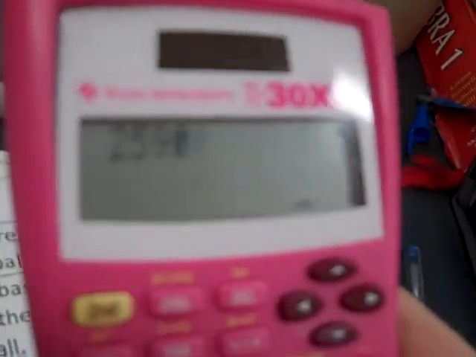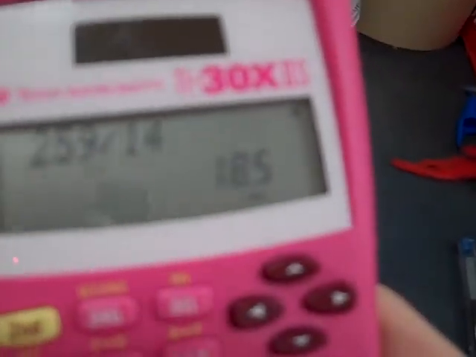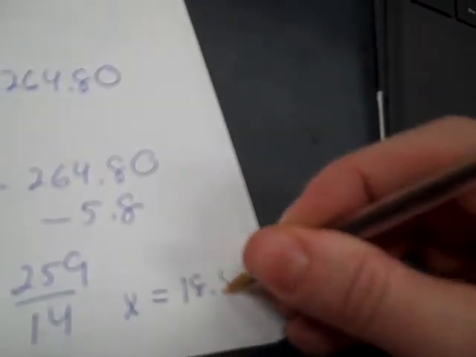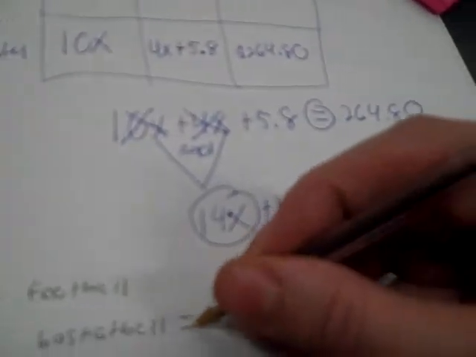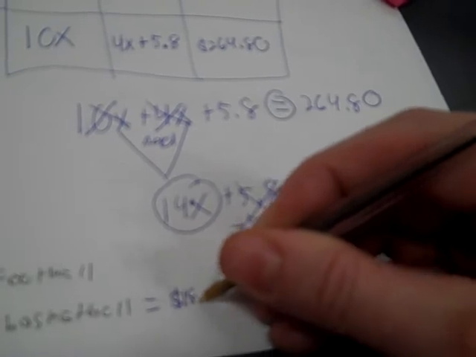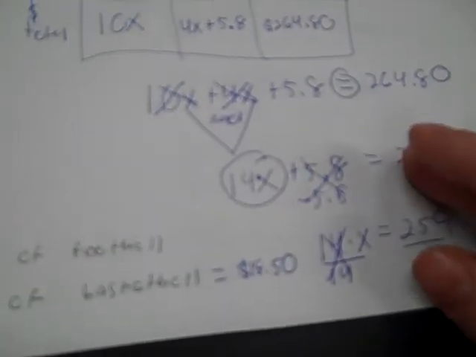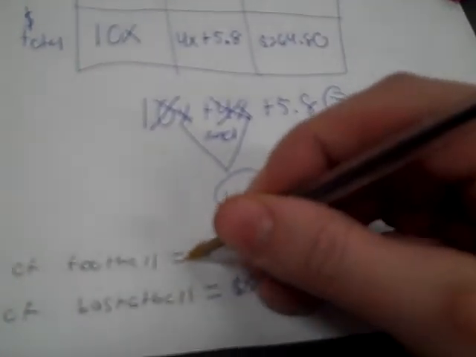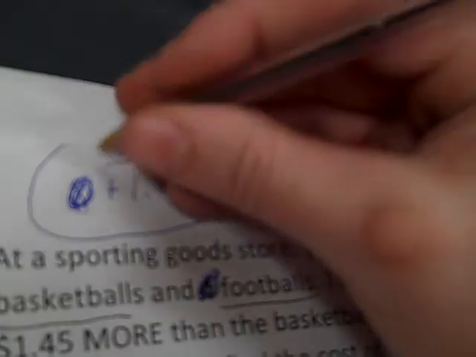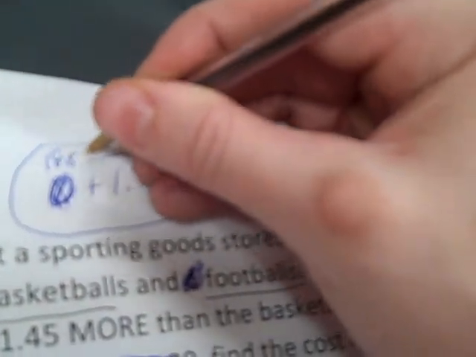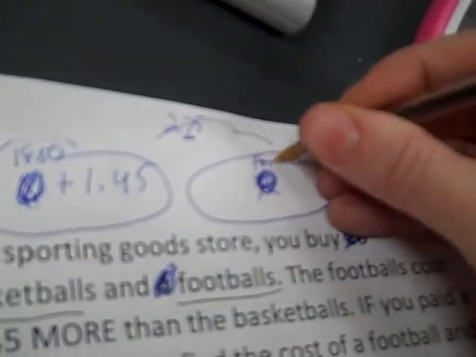So 259 divided by 14 is 18.5, but that's $18.50, okay? So here's my X, it's under basketballs, so the basketballs I know are $18.50. Okay, now to find the other one, go up here, and I put 18.50 and 18.50.